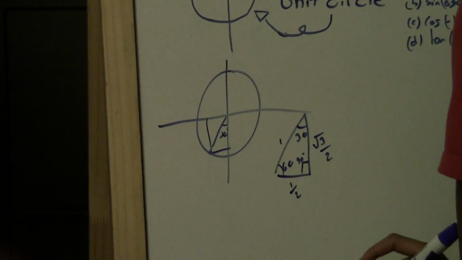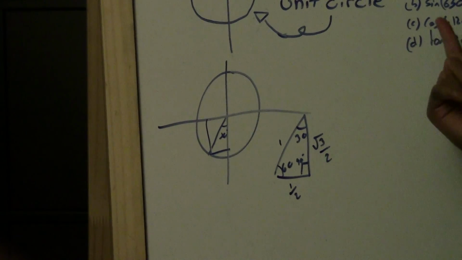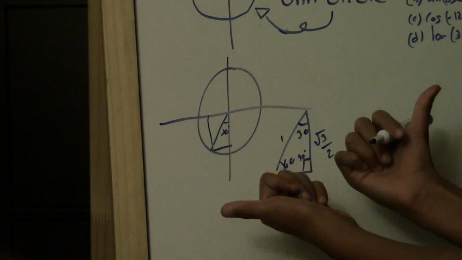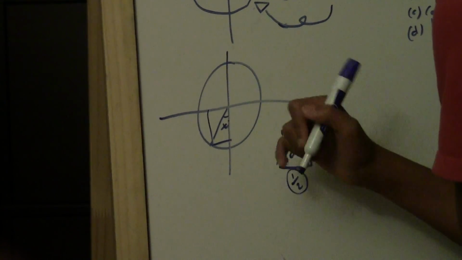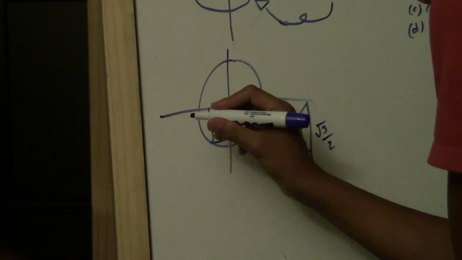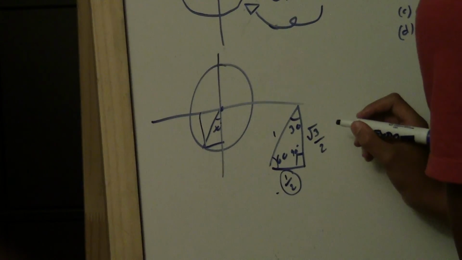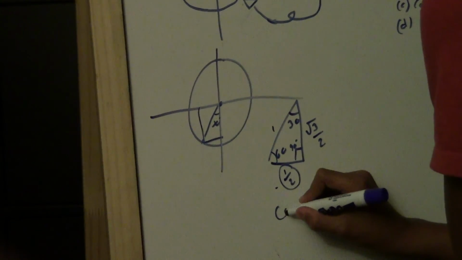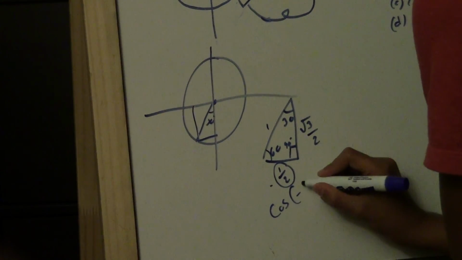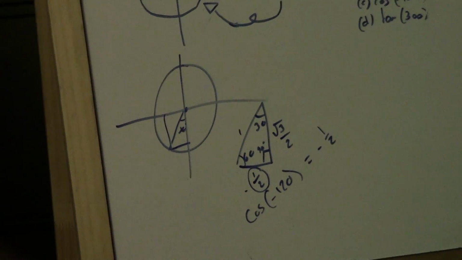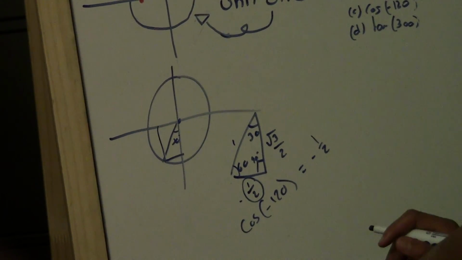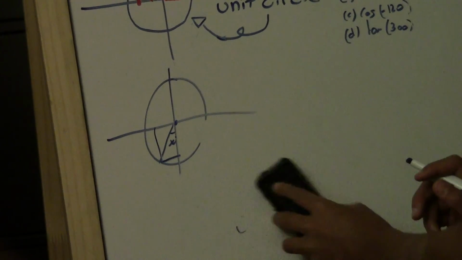We're looking for cosine, which is this way, so it's 1/2, but because it's off to the left, it becomes negative. So cosine of negative 120 is equal to negative 1/2.